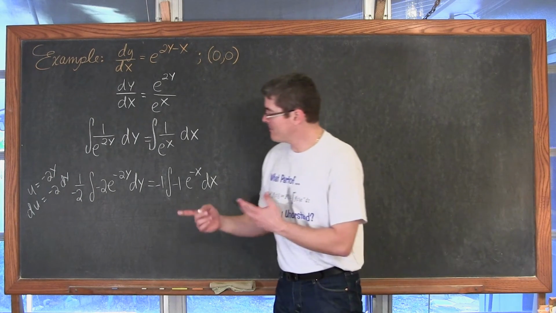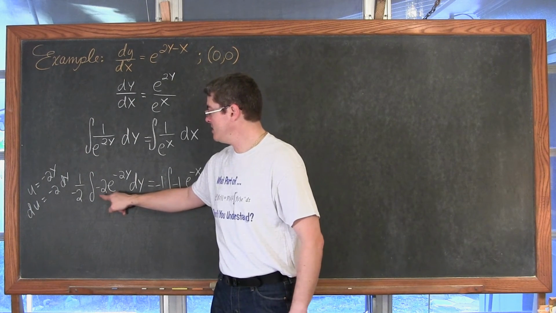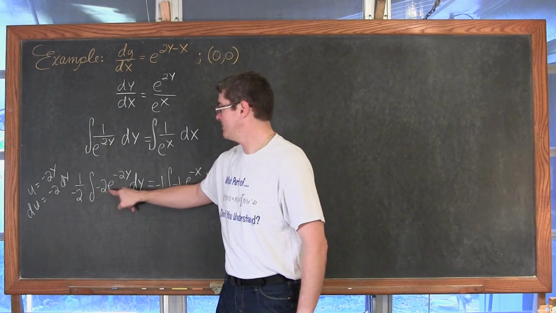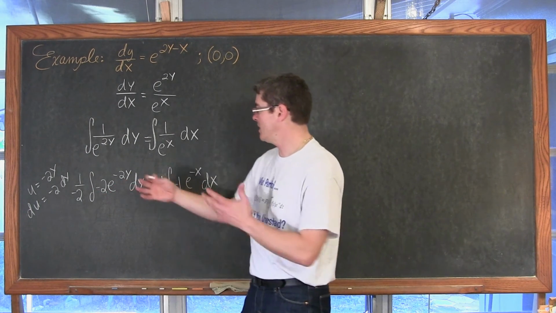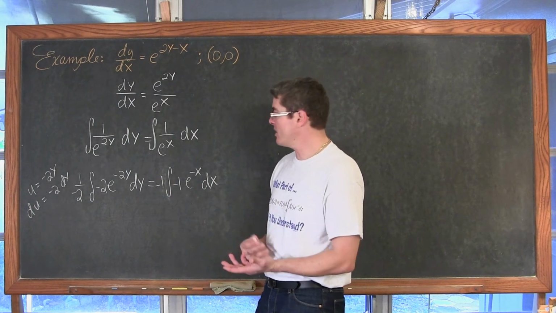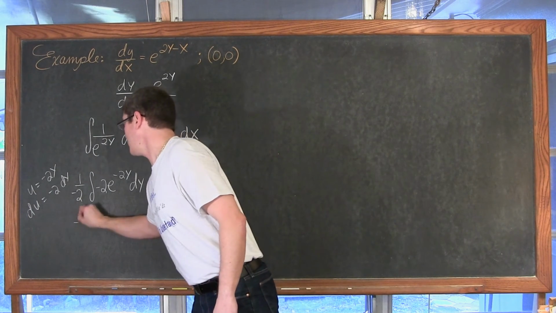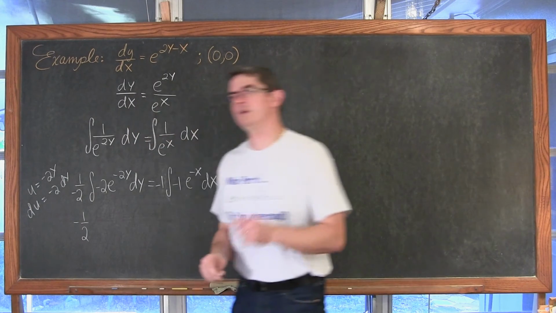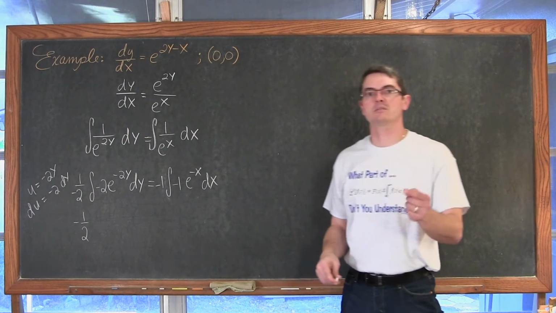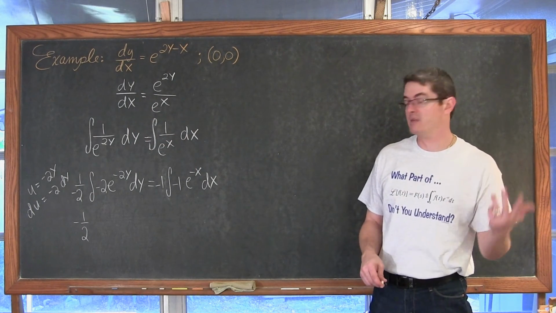Well, now I'm matching that du, or u prime, e to the u pattern, so I can write my integration here and go, well, this is going to be -1/2. The integral of e to the x is e to the x plus c, right?